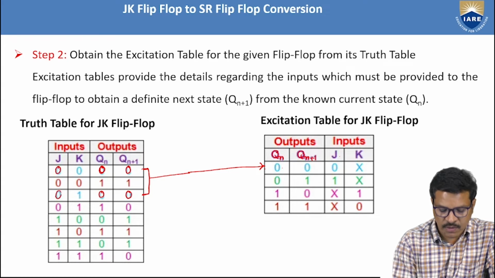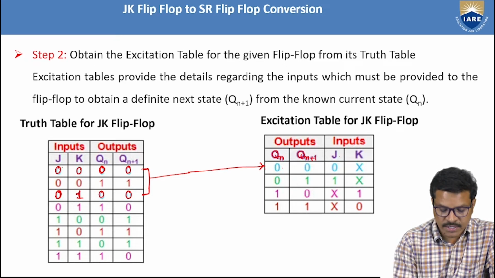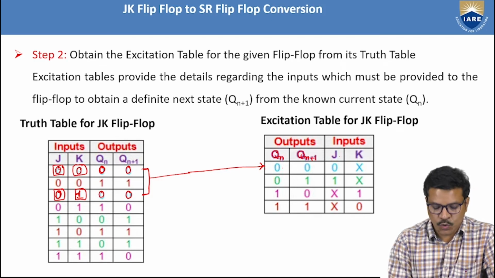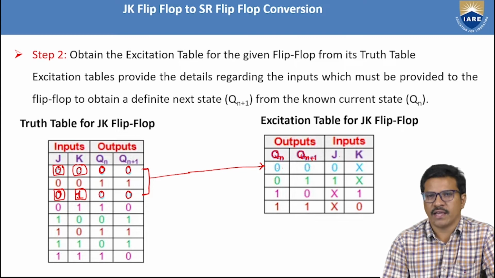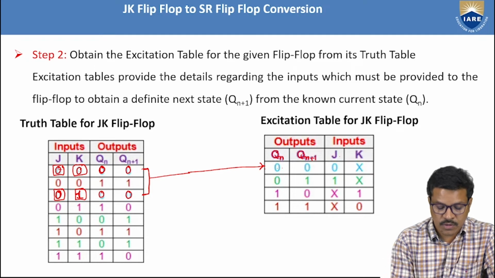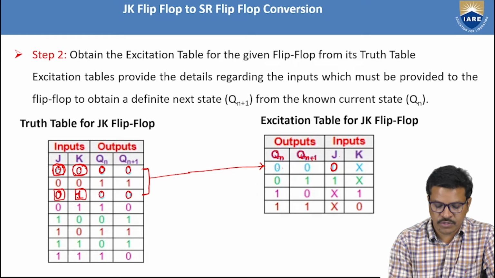J0, K0 and J0, K1. These two cases give the present state 0, and after applying the input, the next state also is 0. This can be represented by two cases where J is kept constant at 0, and K shifts from 0 to 1.